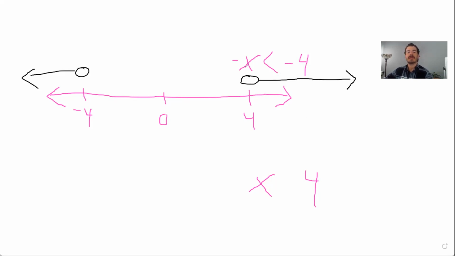Let me rewrite this a little bit so that we understand what's going on here. This first one I wrote, I said negative x is less than -4.